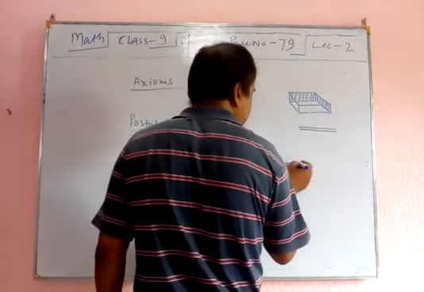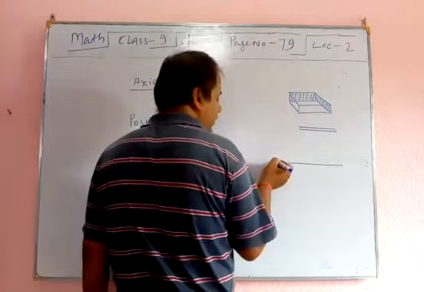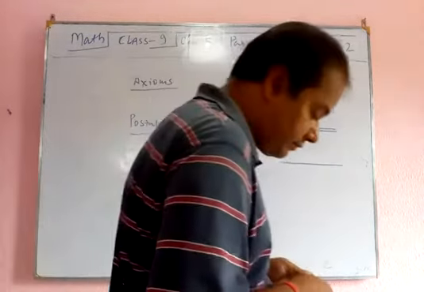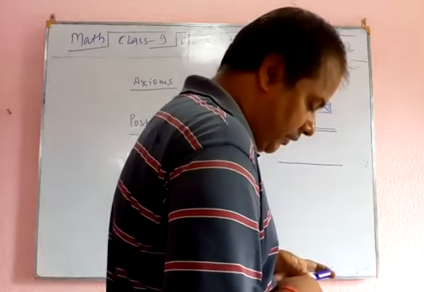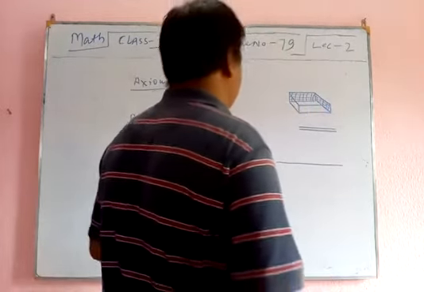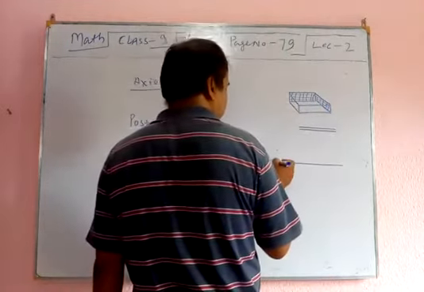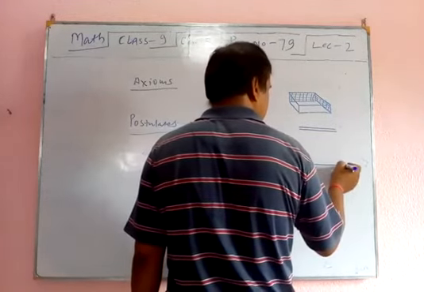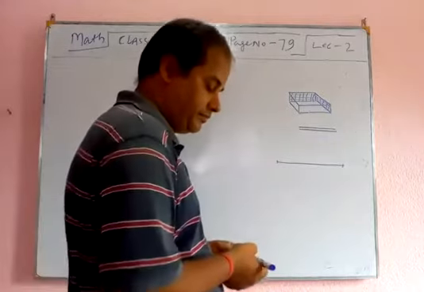A line is a length but doesn't have the breadth. So breadthless it is. The ends of a line are points. So here it is the one end and here it is the second end. So that end is a point.